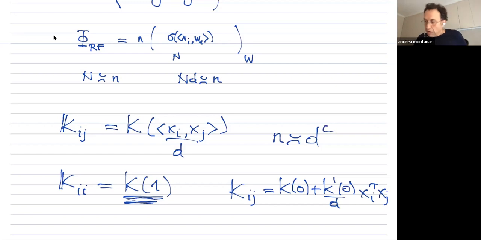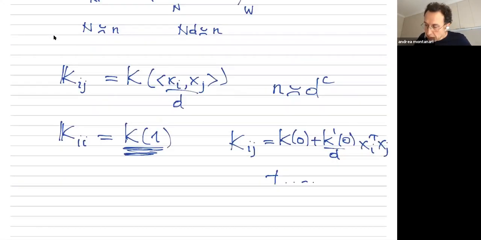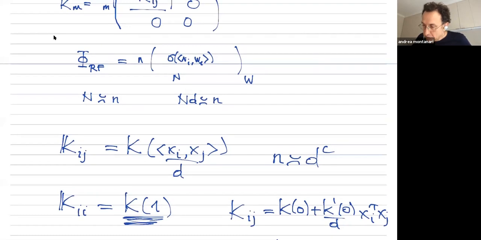You can approximate this by adding higher terms in the Taylor expansion, and basically we are showing the same phenomenon in a somewhat more complicated model, where the kernel is not deterministic because it depends on these W's, in our case.